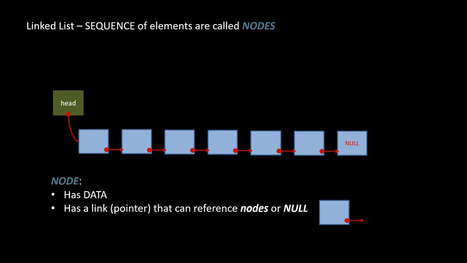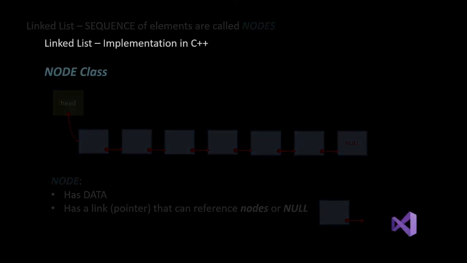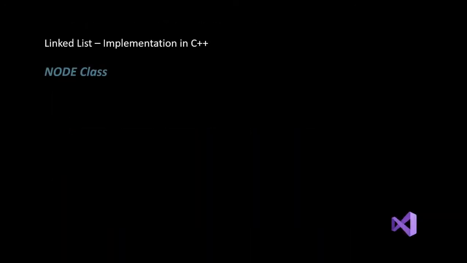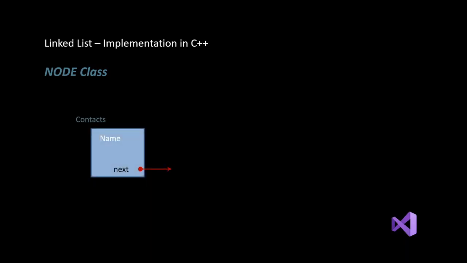So in the program we're going to check for whether or not we've got a populated node class or if it's just a null. Now if we take a moment and look at the node class itself, we're going to call this one contacts, and it's basically holding on to one piece of data, a name, and then it's also got the pointer to the next node.